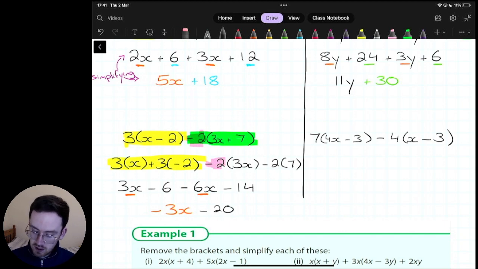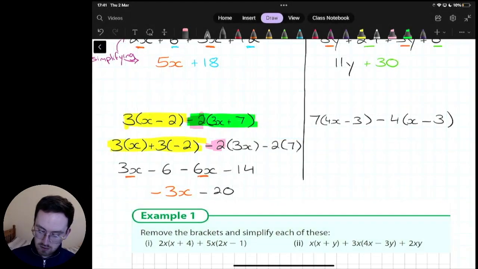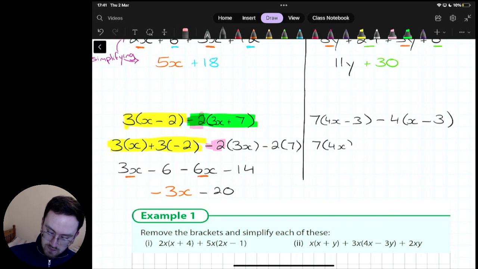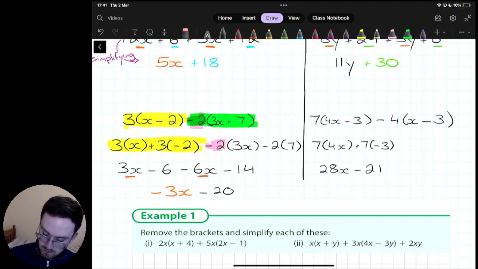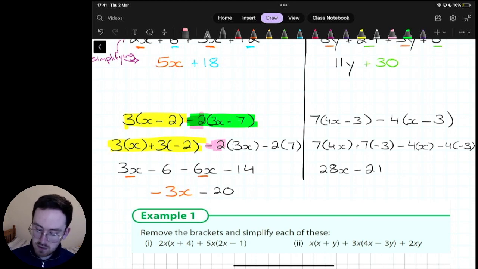Okay, looking at one last example that's similar. We keep going. So 7 multiplied by 4x plus 7 multiplied by minus 3. Okay, and I get 28x minus 21. And if I do this part, minus 4 by x, minus 4 by minus 3. Being careful with that part here with the two minuses.